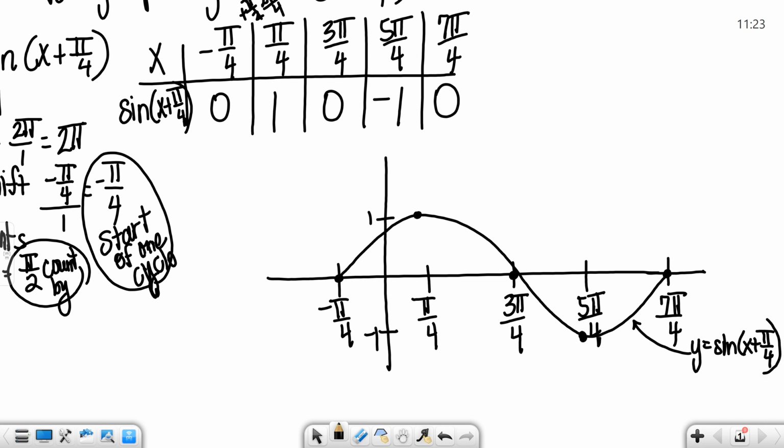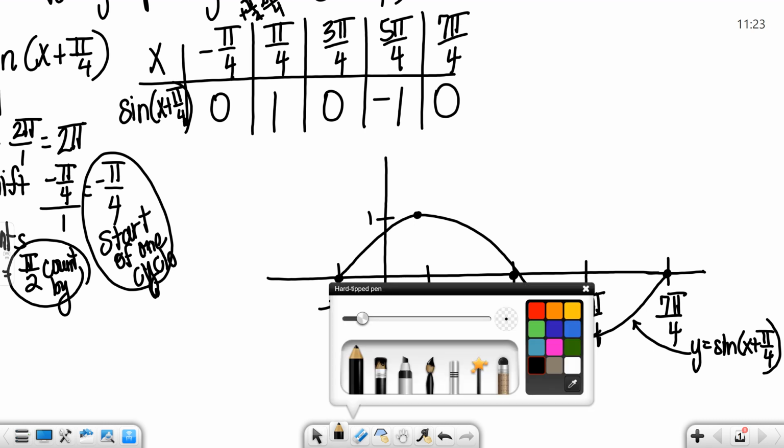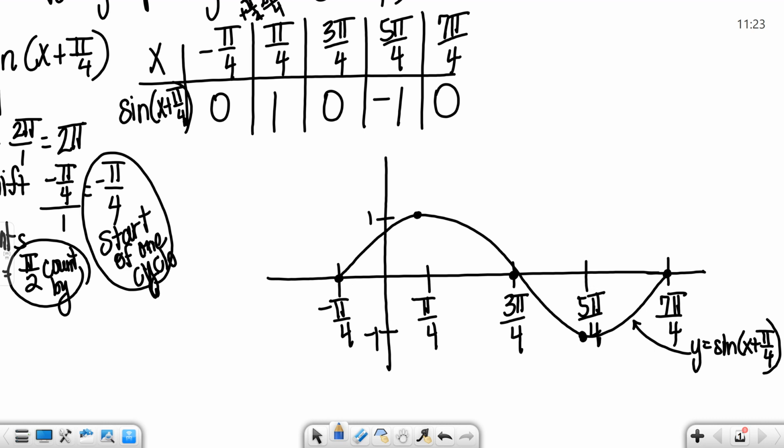Now we're going to be able to do the cosecant. I told you that cosecant is going to have an asymptote everywhere that sine crossed the x-axis. So these blue lines are the asymptotes for cosecant, because that's where sine crossed the x-axis. Now from there, you know that cosecant and sine are reciprocals, which means you flip it over.